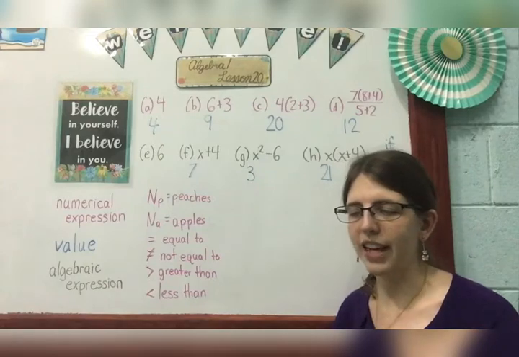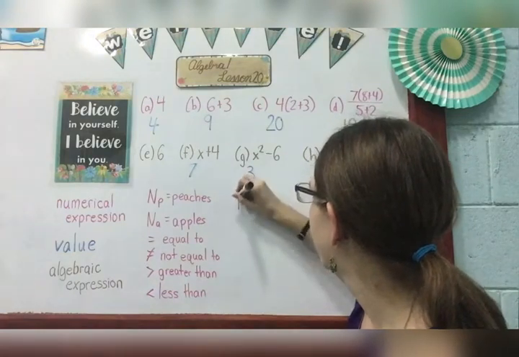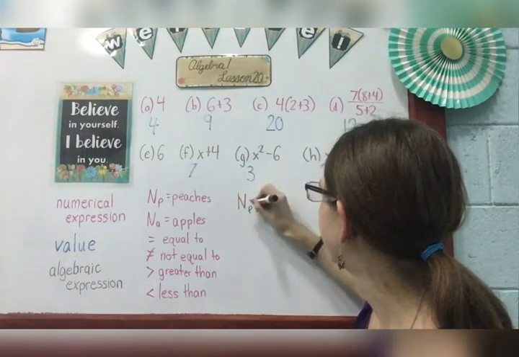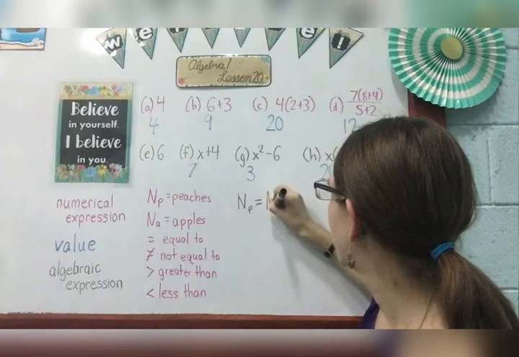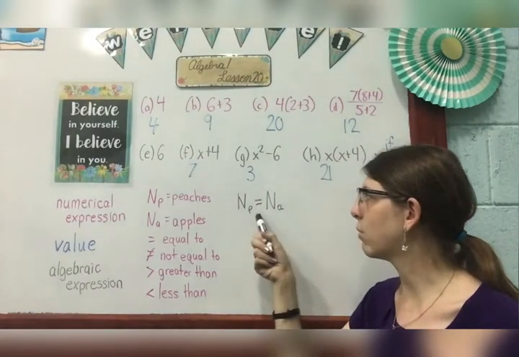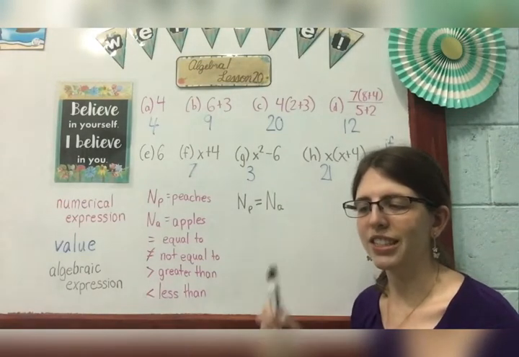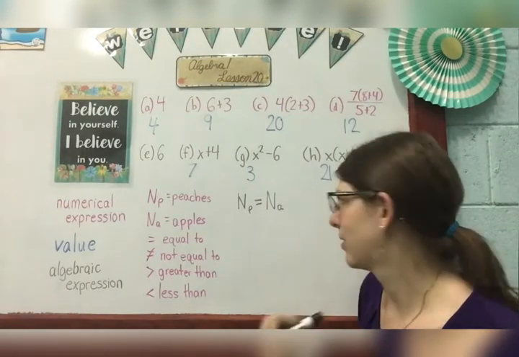So the sentence A is the number of peaches equals the number of apples. So I could write n sub p equals n sub a. So that would be the number of peaches is equal to the number of apples. B says the number of peaches does not equal the number of apples.